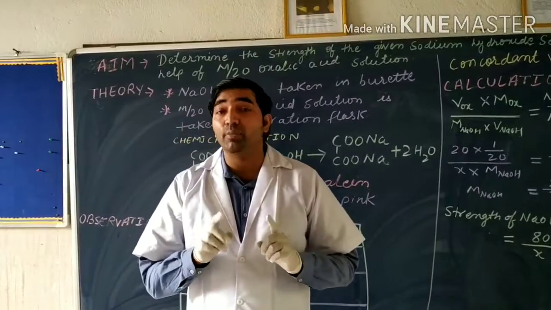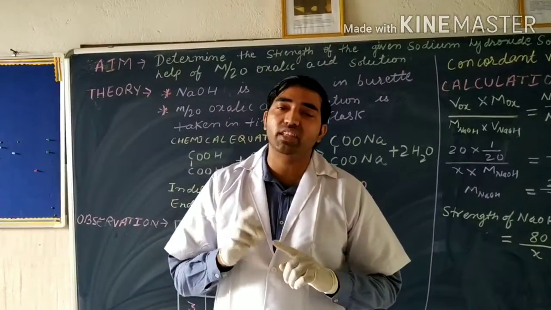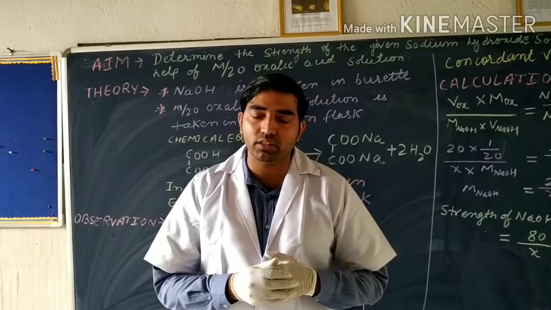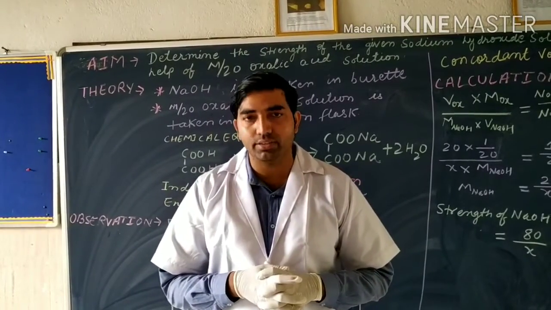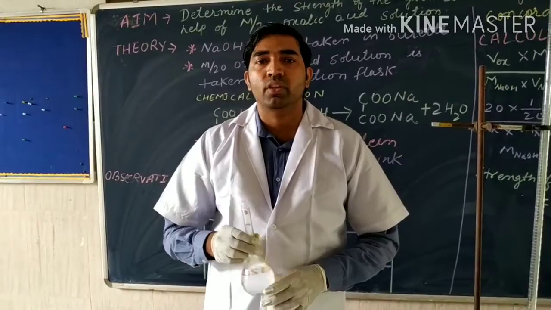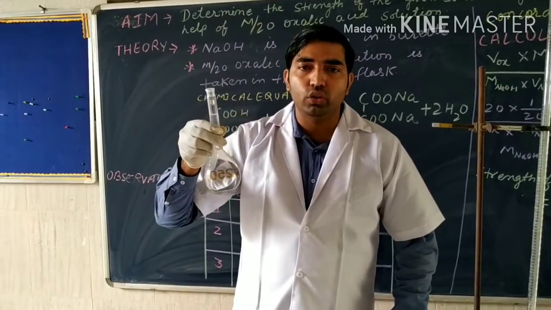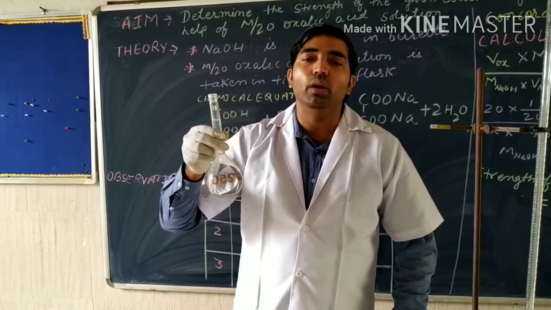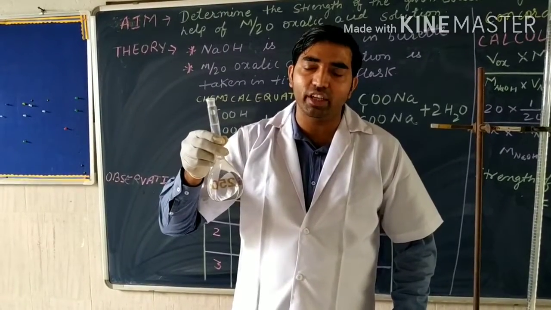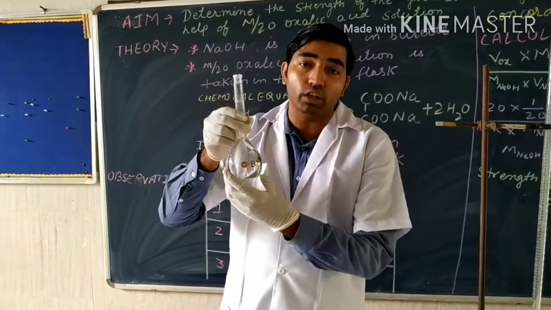The process remains the same as in the previous video, where I discussed how to form the standard solution of oxalic acid. This is the standard solution of oxalic acid, M/20 oxalic acid, in which I dissolved 1.57 gram of oxalic acid in 250 ml of water.